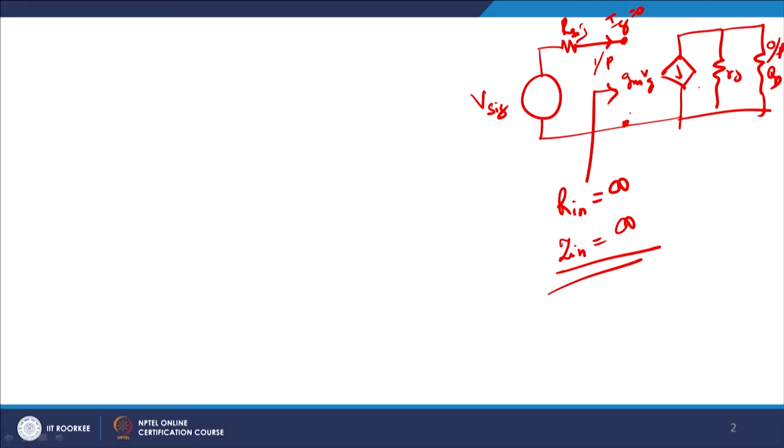With this knowledge, let me define a term known as unilateral, and then you have another type of amplifier which is non unilateral. The meaning of unilateral is that if there is no feedback between output and input, which means that the effect of output impedance does not load your input impedance and vice versa, then we define that to be a unilateral amplifier.